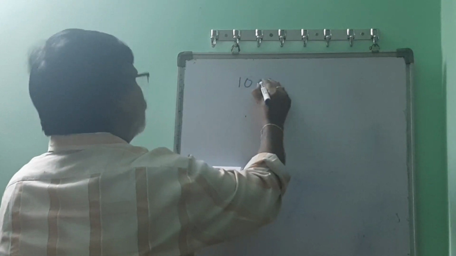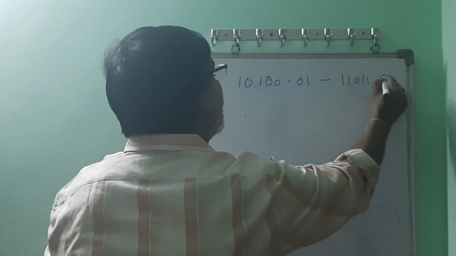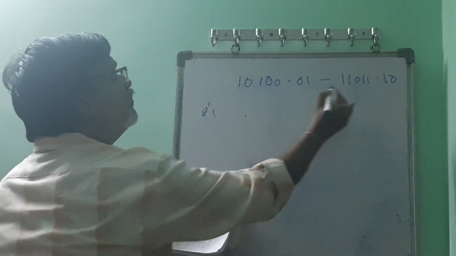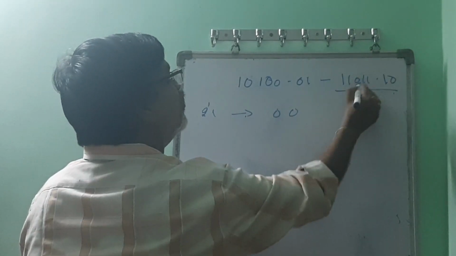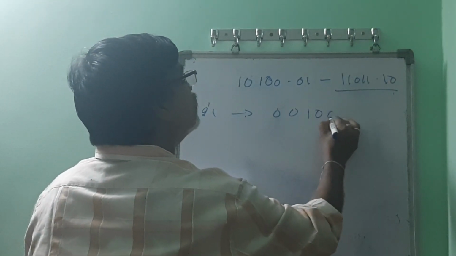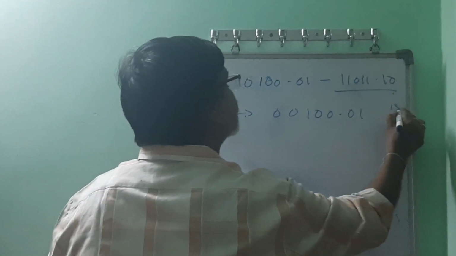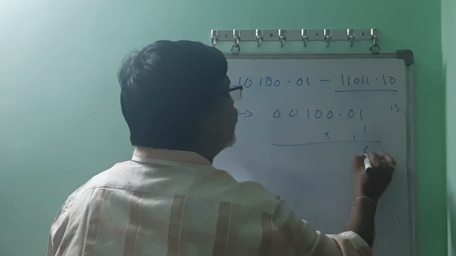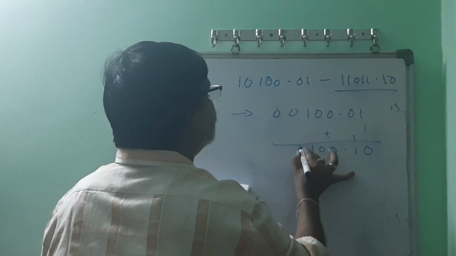Here we have 10100.01 minus 11011.10. First, the 2's complement of the second number: 1's complement is 00100.01, and we add 1, so this is 00100.10.